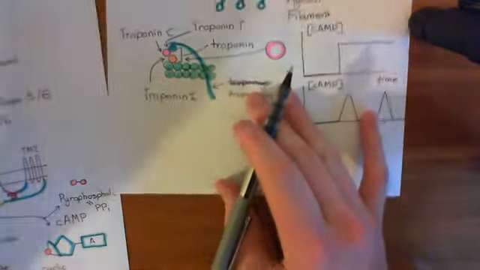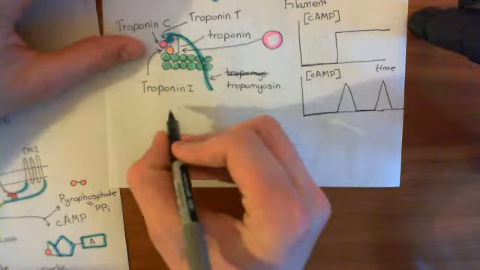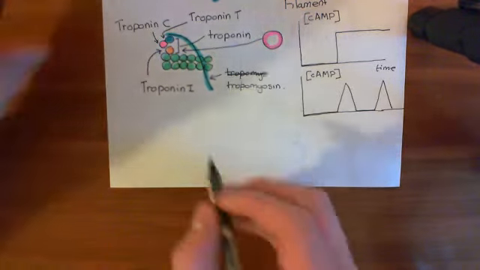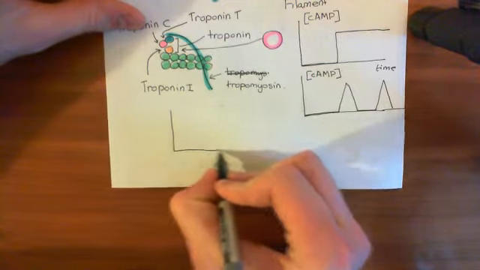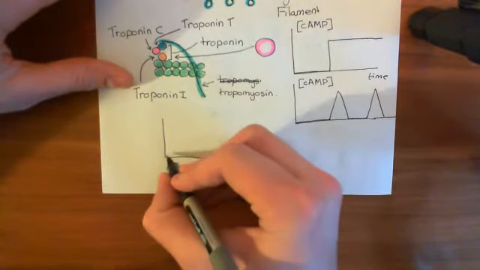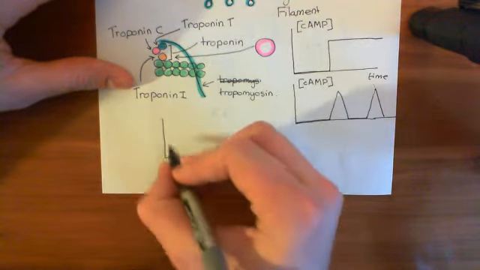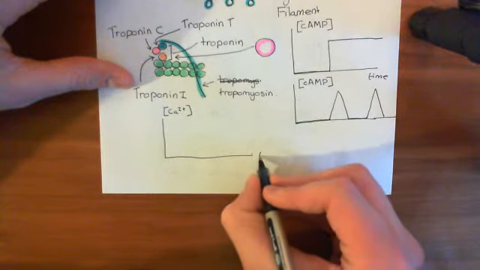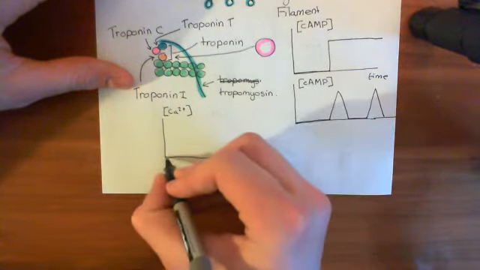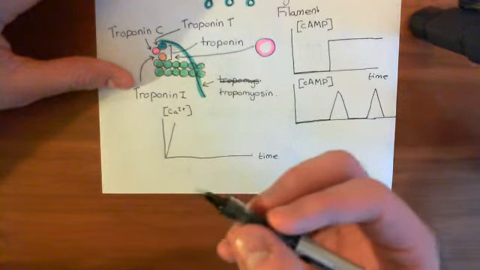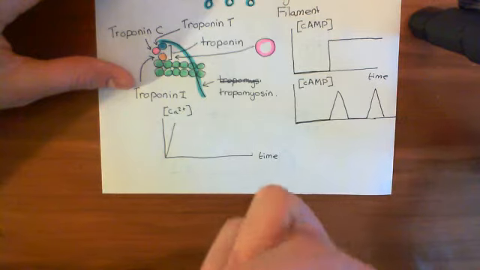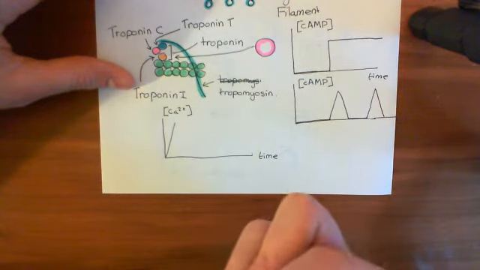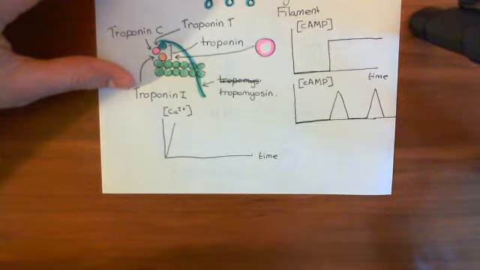Okay, so if I get another piece of paper, if I draw it down here, we know what the calcium concentration inside the cell is doing. We know that calcium oscillates within the cell. So if we plot calcium concentration versus time, here's calcium on the y-axis, and here's time on the x-axis, what we get is that calcium goes up and then reaches a peak where the calcium starts to inhibit the type 2 ryanodine receptor, and also the action potential is finished, so the L-type voltage-gated calcium channel is no longer allowing calcium in.